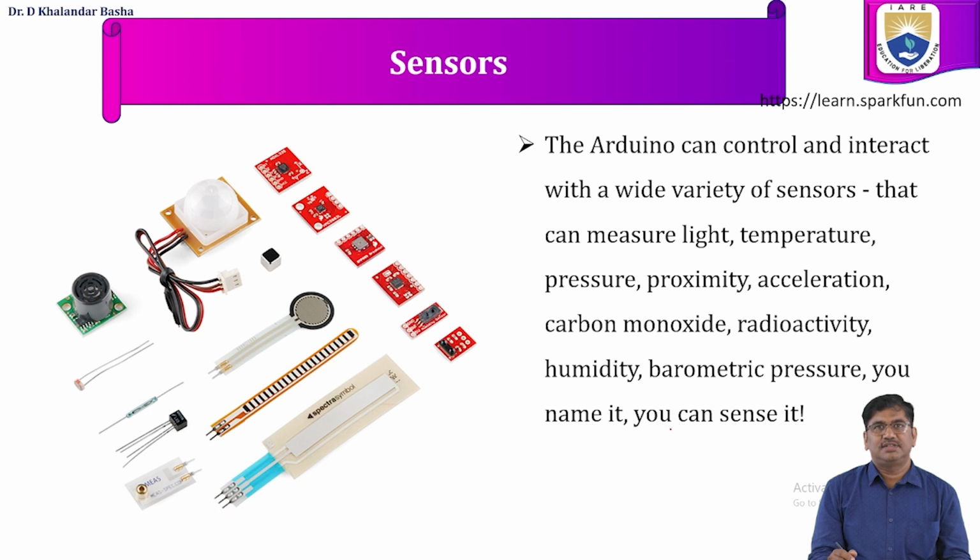Next, we'll see sensors. The Arduino can control and interact with a variety of sensors that can measure light, temperature, pressure, proximity, acceleration, carbon monoxide, radioactivity, humidity, and barometric pressure, and the various sensors we can see in the figure.